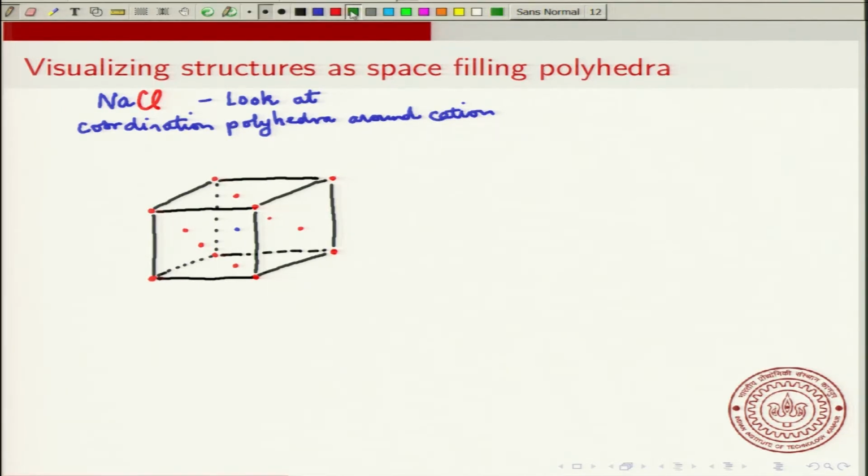So, let us look at the cation right in the center. Let me show the other cations, but now I will first focus on the cation in the center.